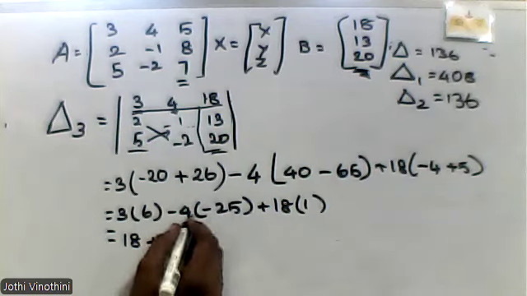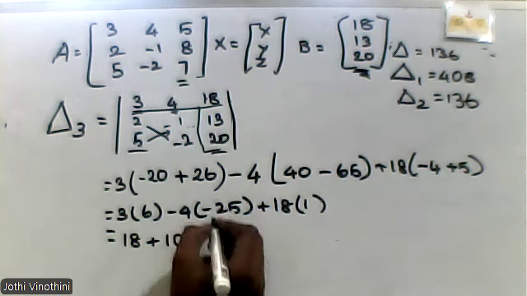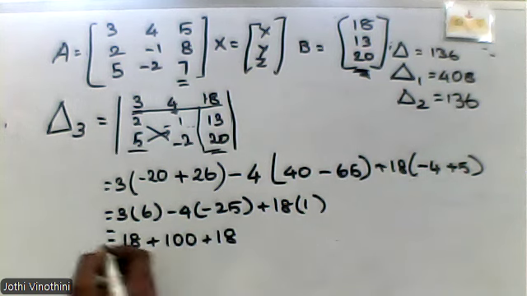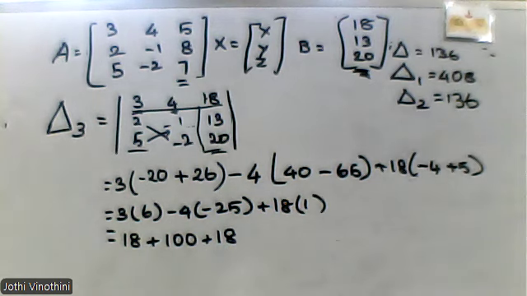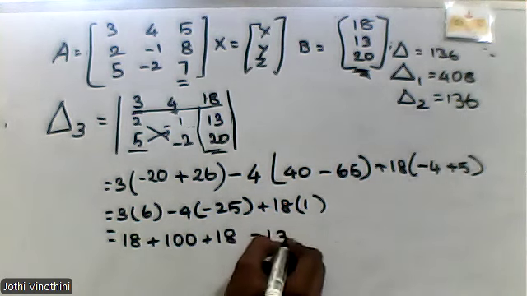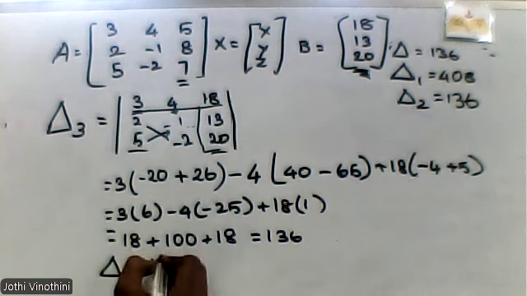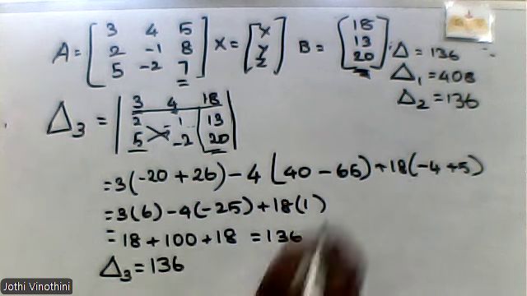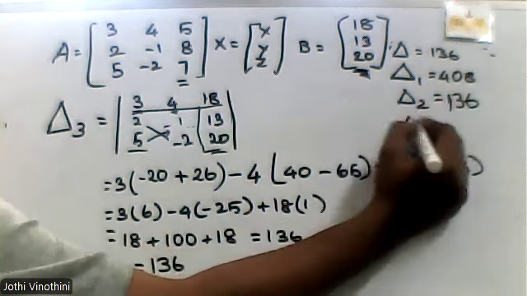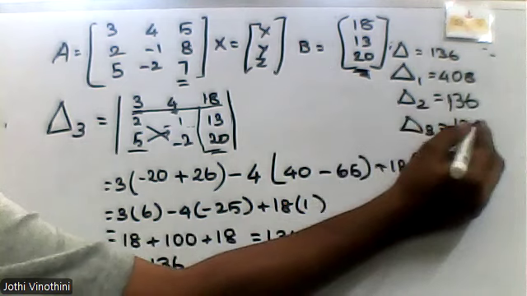Minus into minus plus 4 into 100, and plus 18. So 18 plus 18, 36, 36 plus 100, 136. Now we find the value of del 3, which is 136. Okay. Del 3 equals 136.